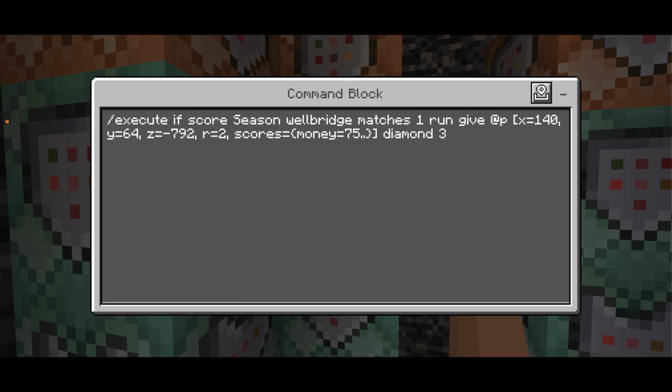So that is what the coordinates are, but it is going to be execute if score season Wellbridge matches 1, run give @p, and the coordinates that you want them to be at.